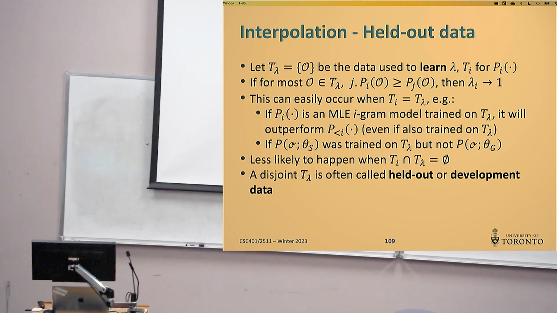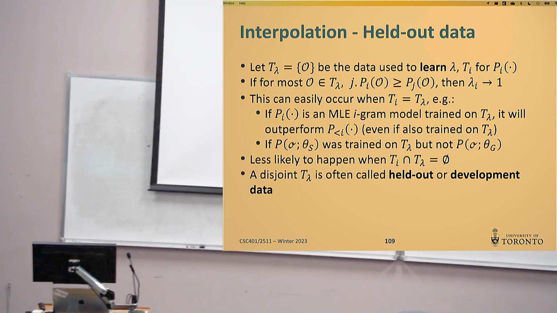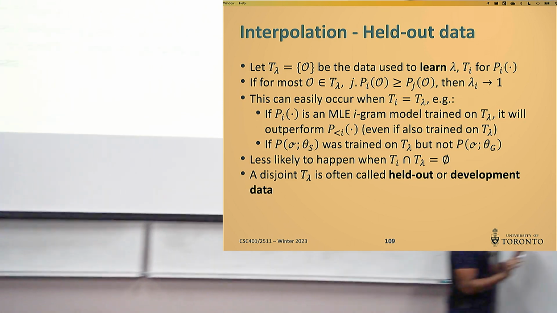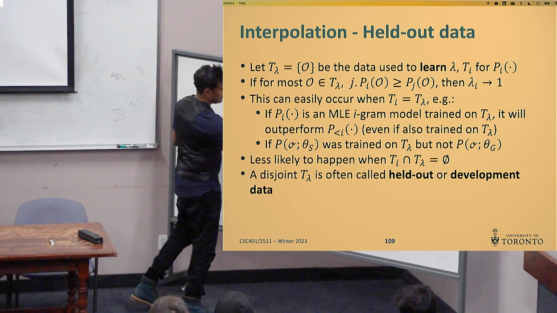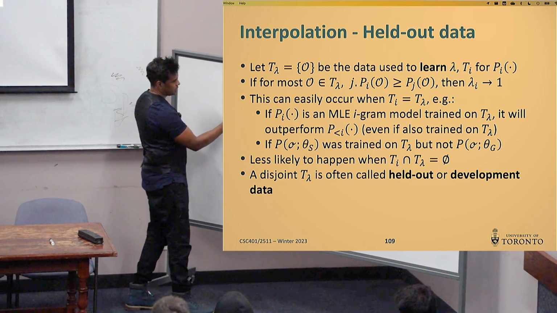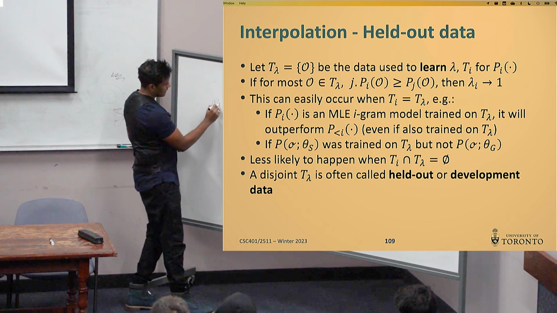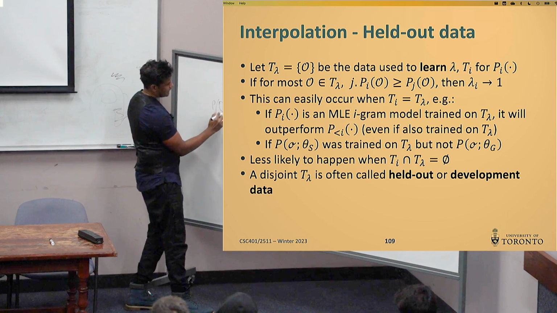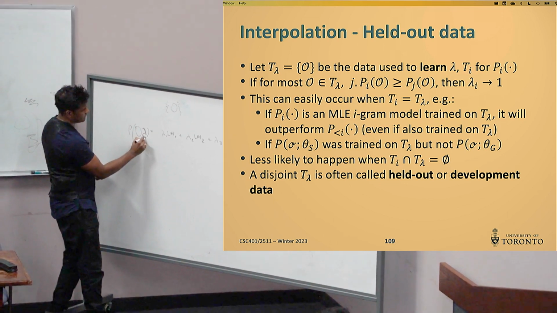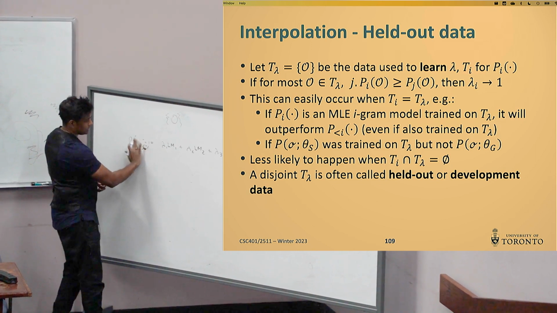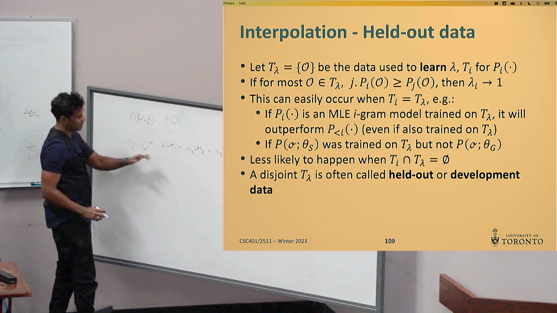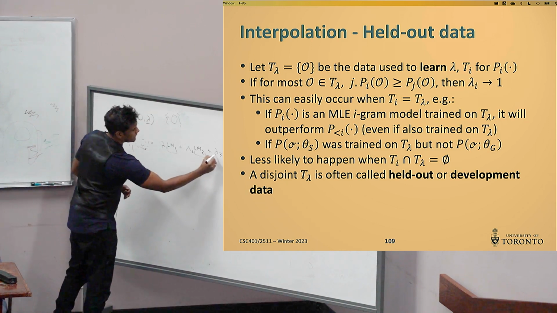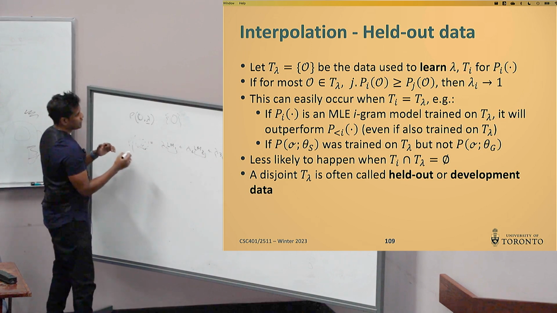And this is our entire observation. Now we're trying to figure out how we assign our lambda weights. Sorry, this is not going to be the probability, but that's our goal: how do we assign the right weights? These are our three models, and we're going to do an interpolation between them.